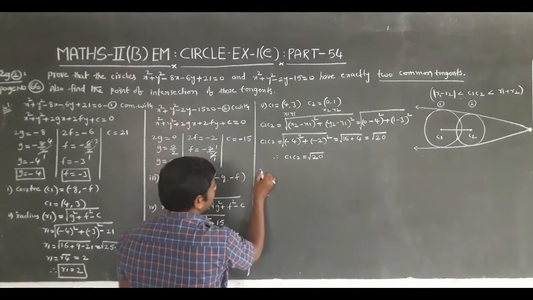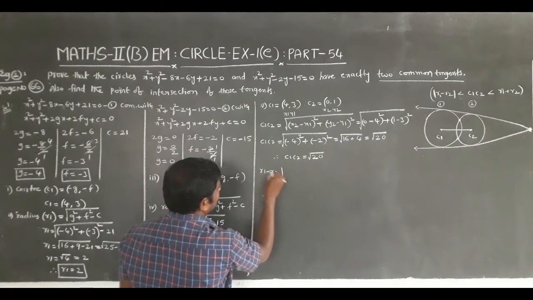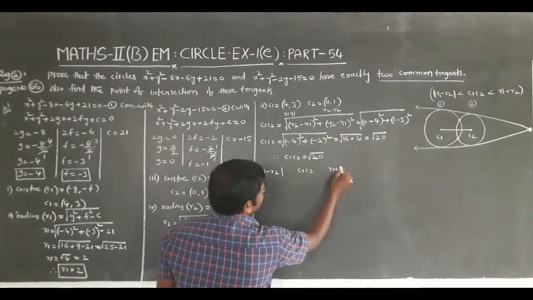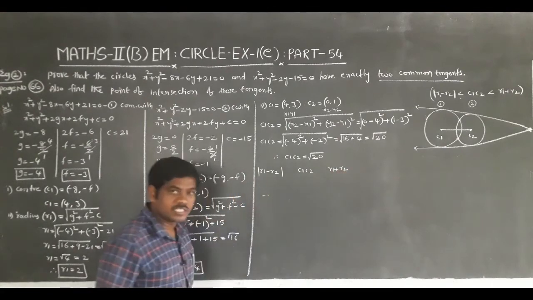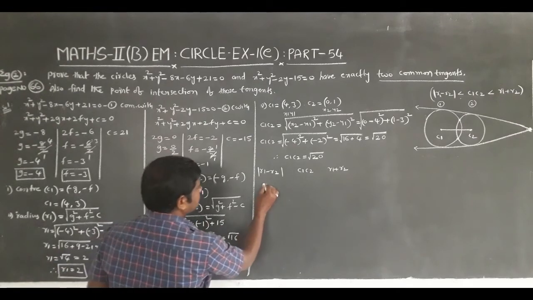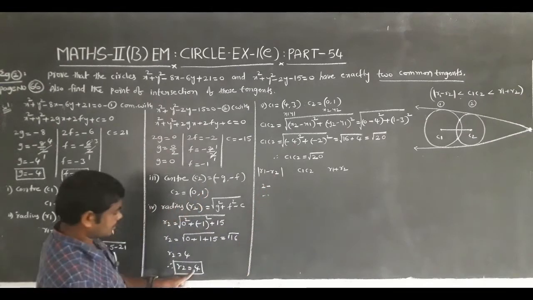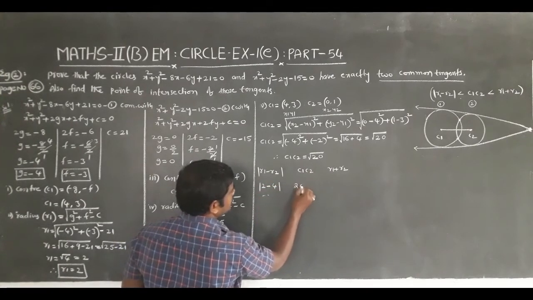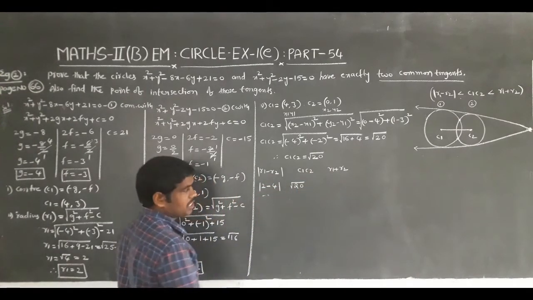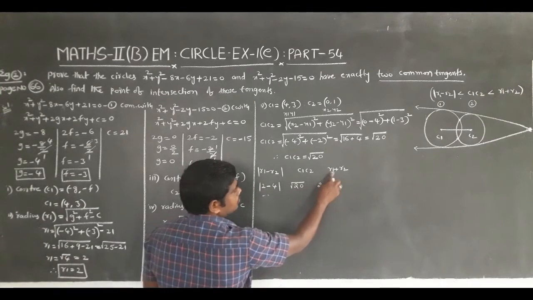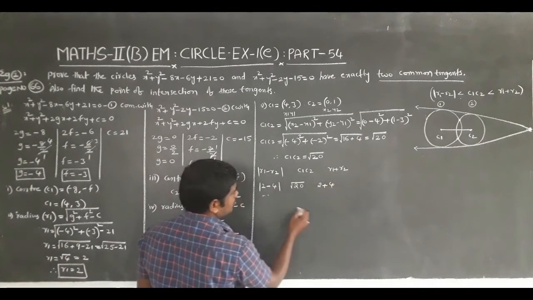We prove that mod of R1 minus R2 is less than C1C2 is less than R1 plus R2. R1 is equal to 2, R2 is equal to 4. C1C2 is equal to root 20. R1 plus R2: R1 is equal to 2, R2 is equal to 4.